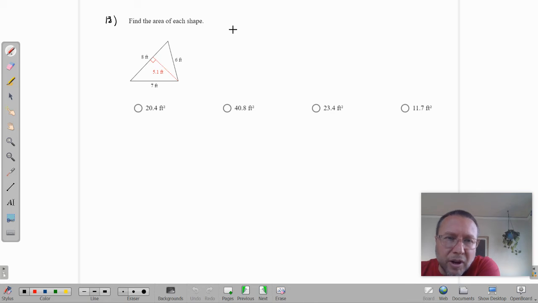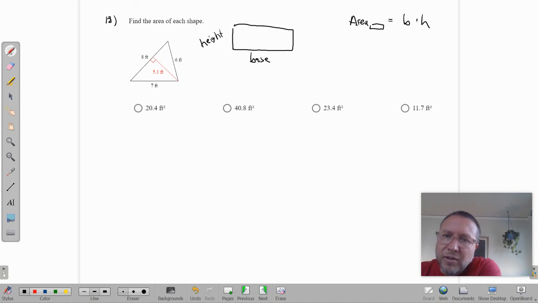So area of a triangle. If you think about a triangle, well, think about a rectangle. I think you know that the area of a rectangle is length times width. We also like to say base times height. So if the area for a rectangle is base times height, but what about for a triangle? Because that's what that is. A triangle is just half a rectangle.